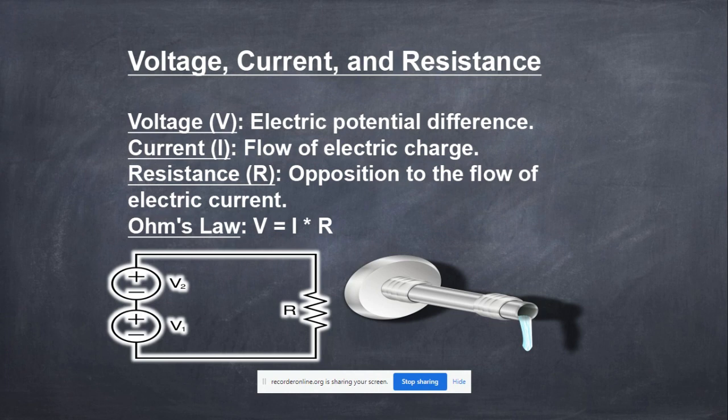Ohm's law says that voltage equals I times R. So we can take an example. As you see in the circuit, we can easily understand what voltage means, right?